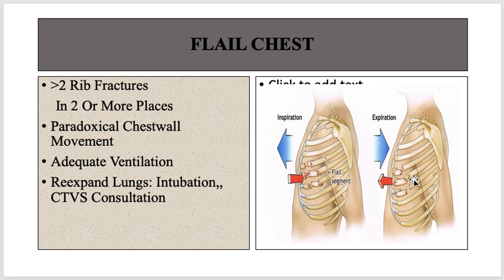And when all the chest is going in, it will go out. So it is showing paradoxical chest wall movement. Of course, if you find this, it should be dealt with. Sometimes we send the patient for a chest X-ray, for example, to identify this. So this should be done, or cleared.